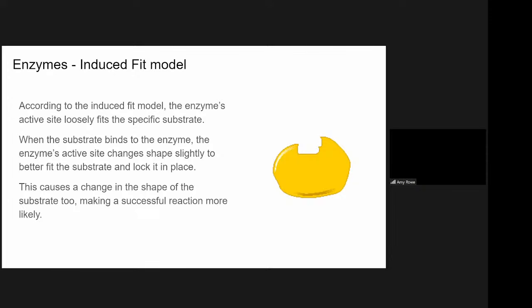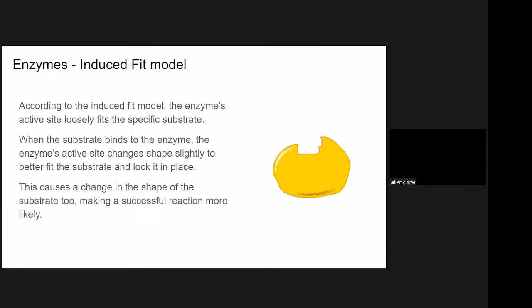So the specific substrate can bind to the active site, and when it does, the enzyme's active site changes shape slightly to better fit the substrate and lock it in place, kind of like giving it a bit of a hug. This change in shape of the enzyme causes a change in the shape of the substrate too, possibly putting the molecule under tension and making a successful reaction more likely.